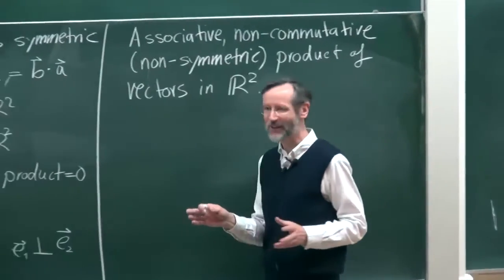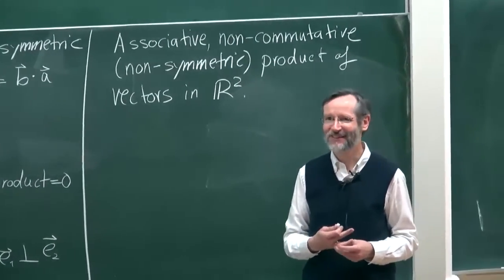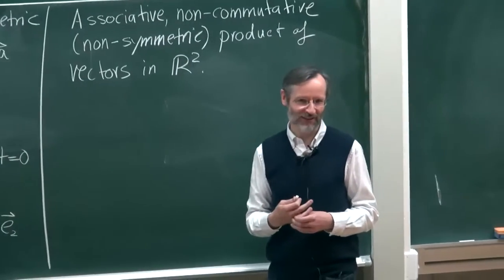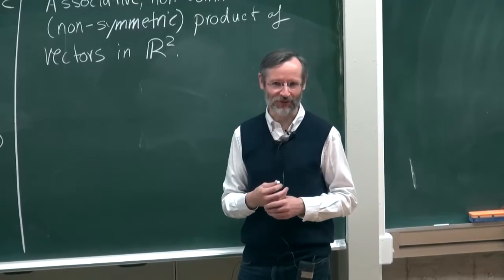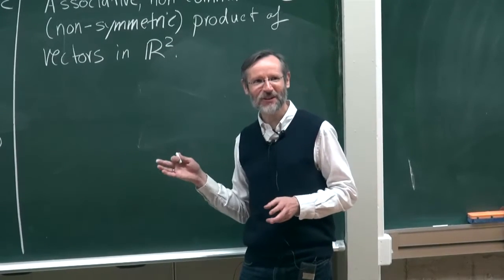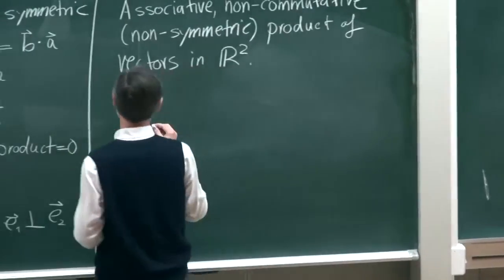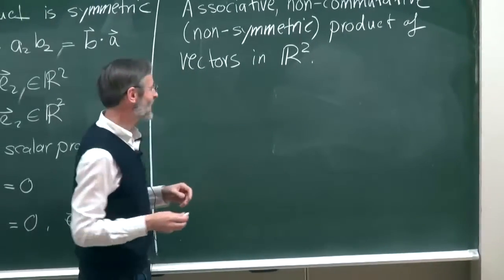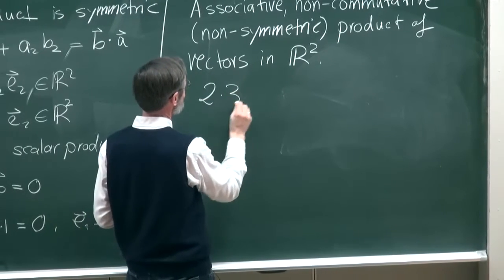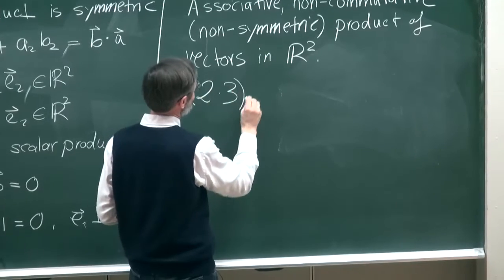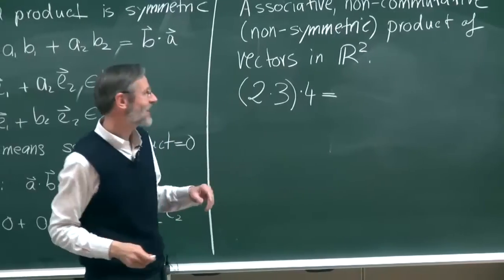If you multiply real numbers, you are used to associativity, and it makes the computations very flexible, and we don't want to give that up. We want to keep that. As an example, the associative multiplication of real numbers: if you take 2 times 3 times 4, you can multiply in different ways.